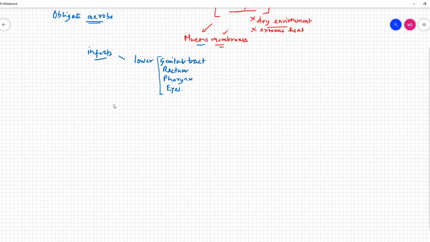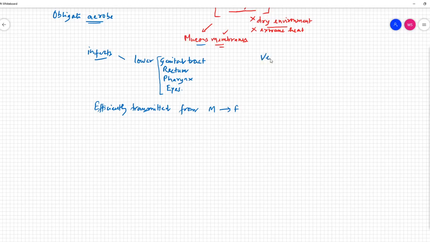And it is efficiently transmitted from males to females. It is transmitted the other way around also, but it is more efficient in this transmission.